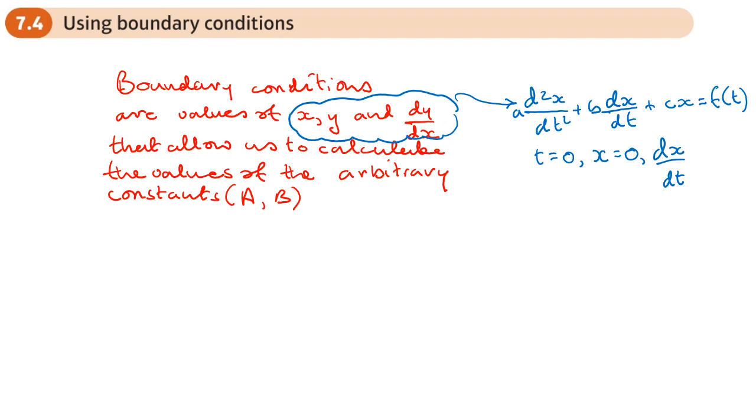So you'll be given a value for x, a value for y, and a value of the first derivative. Quite often they're all zero, and that will allow us to work out what our arbitrary constants are.